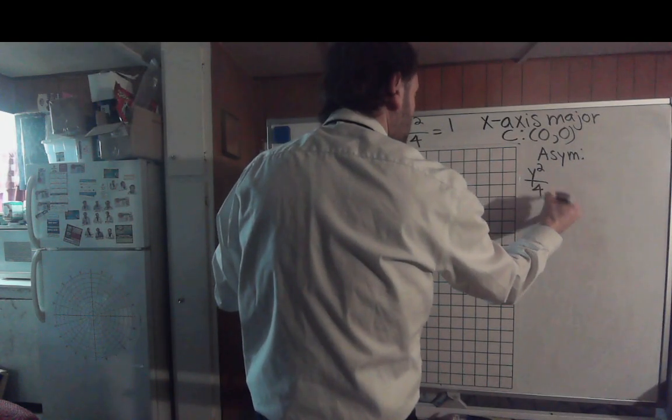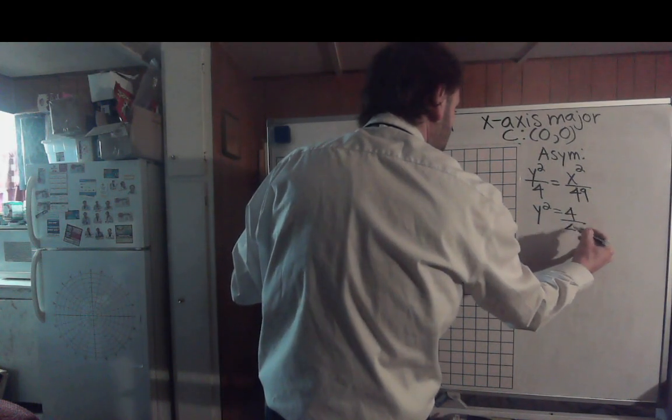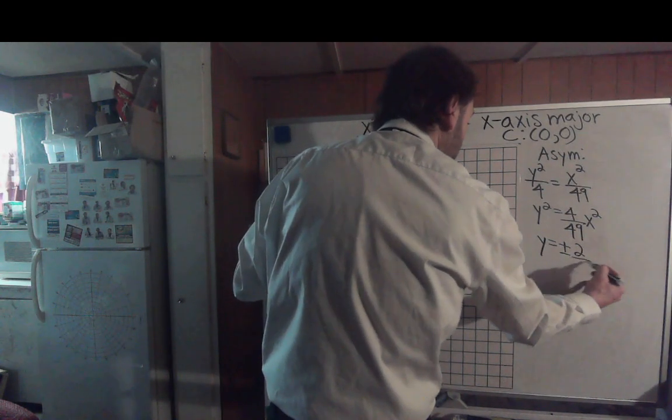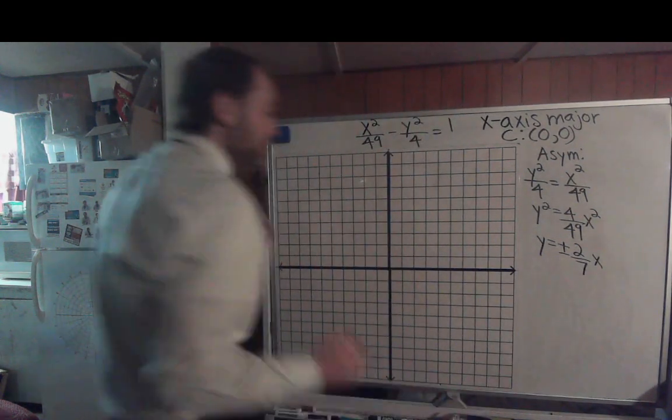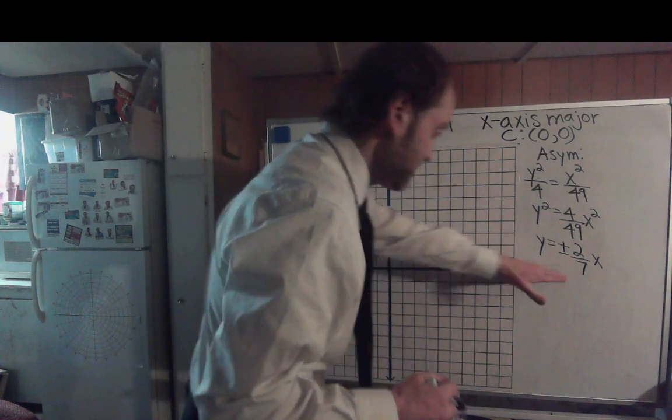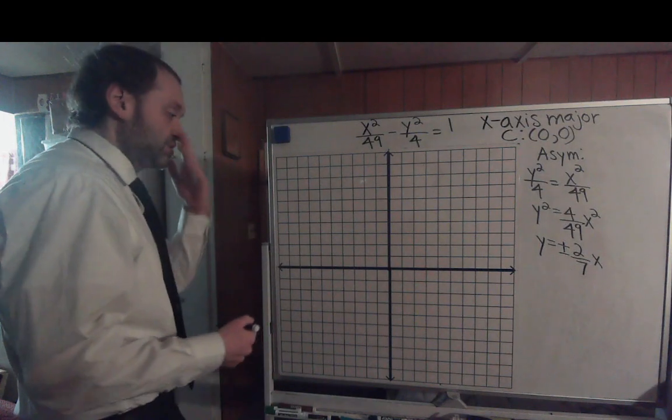So to find your asymptotes, you're going to set that y squared over 4 equal to that x squared over 49, which would give you y squared equals 4 over 49 x squared. So your asymptotes are y equals plus and minus 2/7 x. So plus and minus 2/7 x are your slant asymptotes.